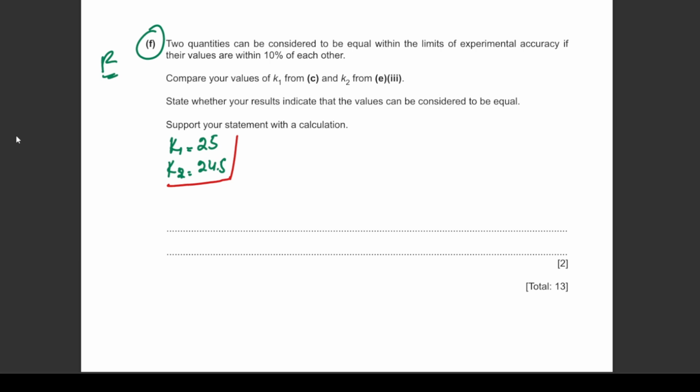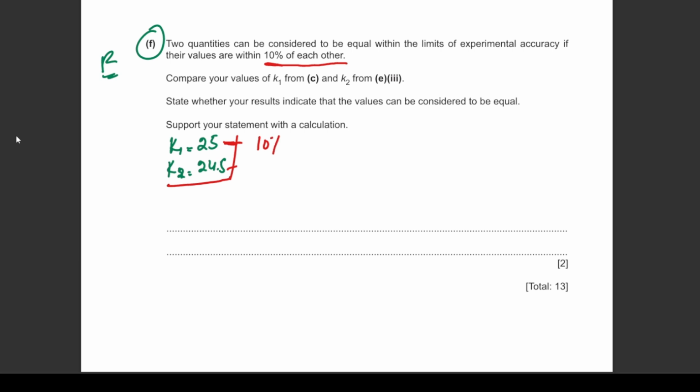But we will back this up by a mathematical allowance, or you can say we have a license to do that. So the license is that they should be within 10% of each other. So choose anyone, either 25 or 24.5. For the sake of example, I'm choosing 25 because it's going to be easy to calculate the maths for this.